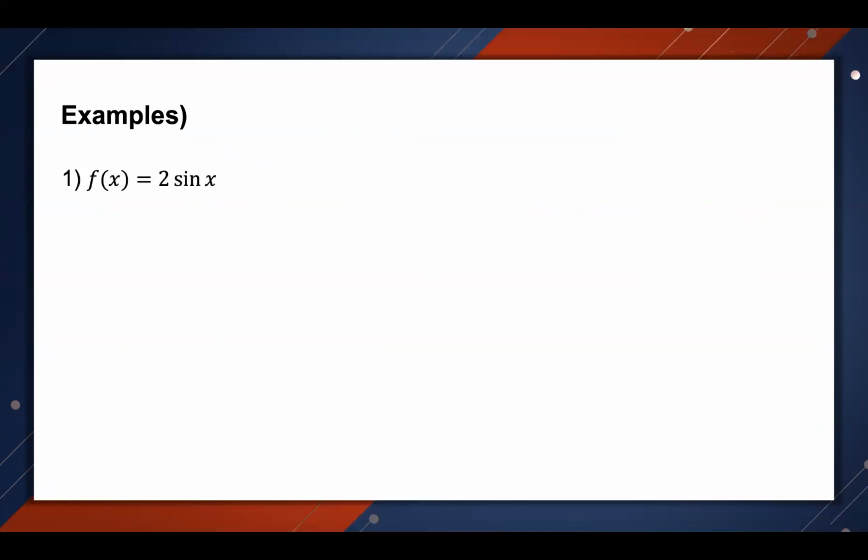Here's an example. f of x equal to 2 times sine x. We get this from the multiple constant rule: the constant 2 does not change, and we keep it before the sine x. The derivative of sine x equals cosine x, so f prime equals 2 times cosine x.